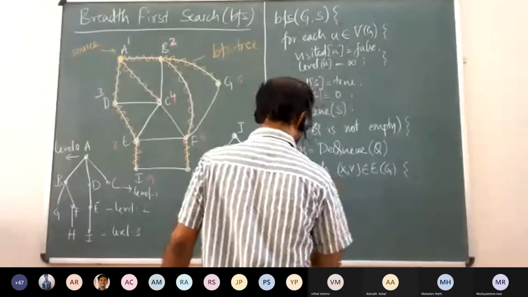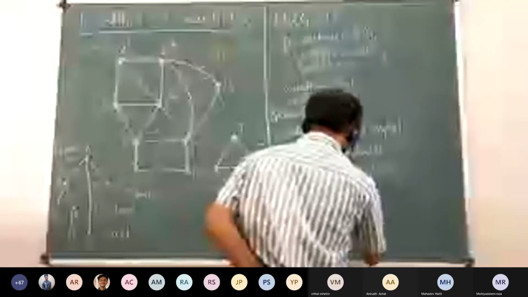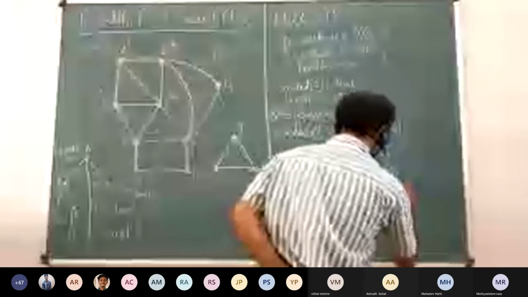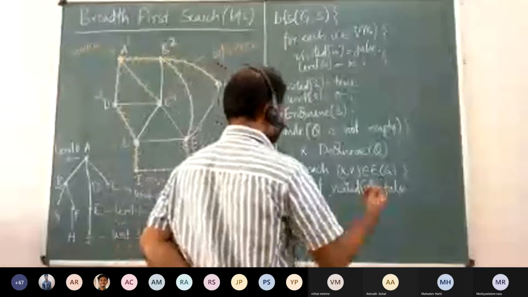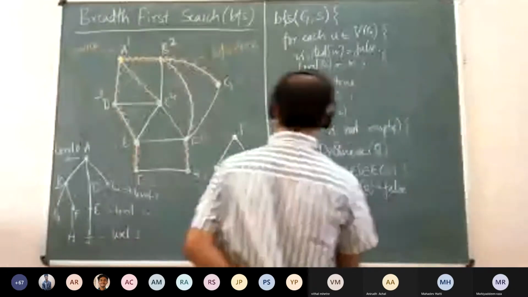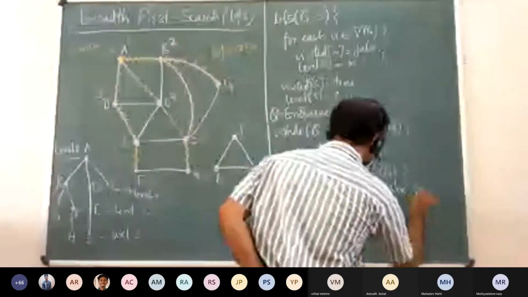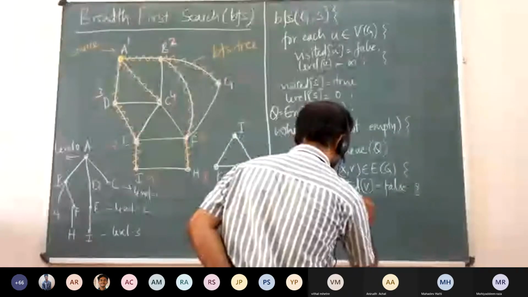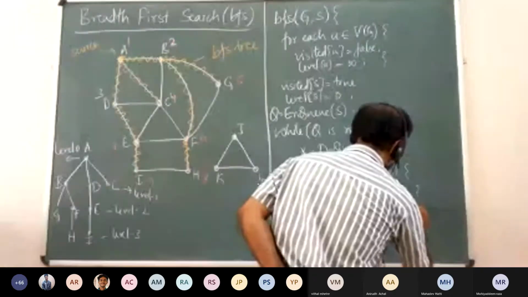if visited of V is equal to false, if it is not visited yet, then you set the visited flag to be true.